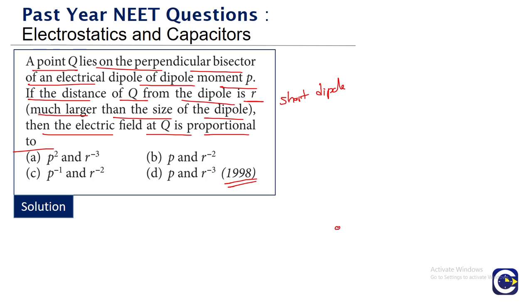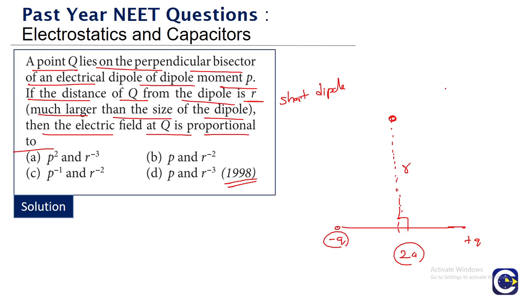So if you look at it, let us say we have a dipole here, a combination of equal and opposite charges separated by some distance. Generally we will take the distance as 2a, that is the length of the dipole. Perpendicular bisector means that is also going to be the point on the equatorial plane. So here we are choosing a point at a distance r.